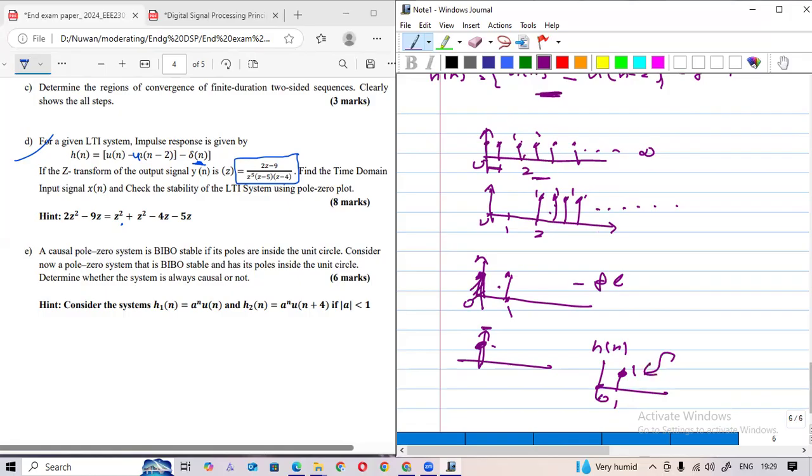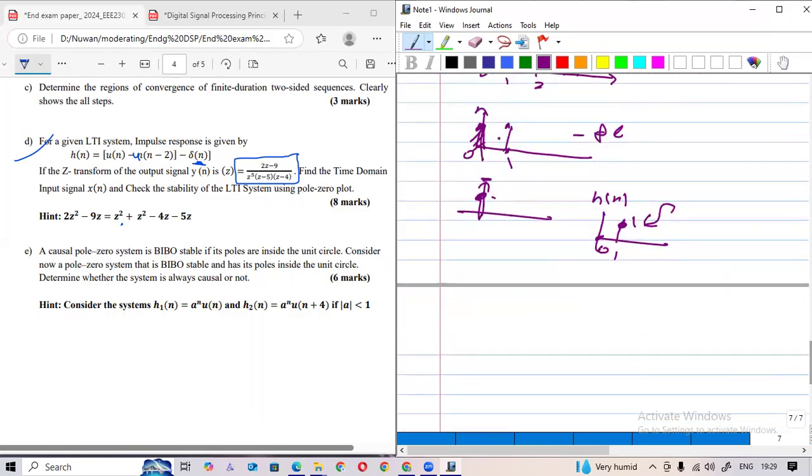Then how to calculate H(z)? Very easily you can calculate H(z). h[n] is nothing but 0, 1. This is the 0th sample, this is the first sample. So H(z) is the sum from minus infinity to plus infinity of h[n] z^-n.